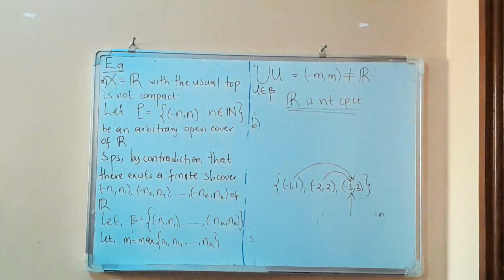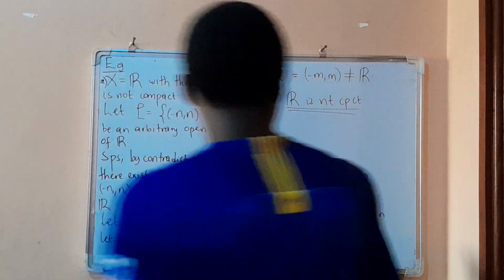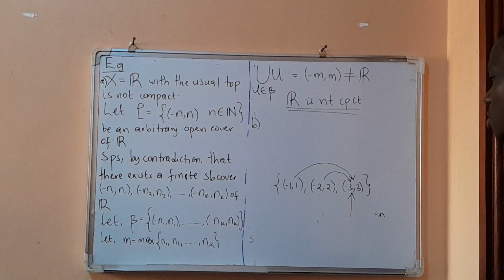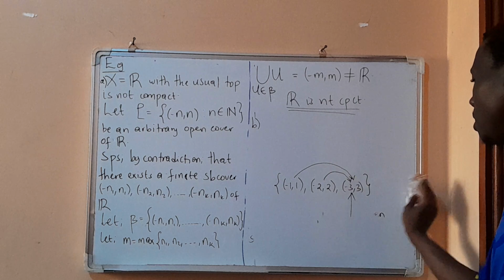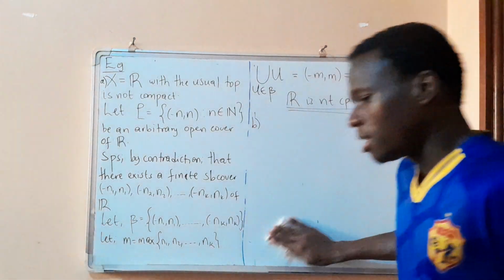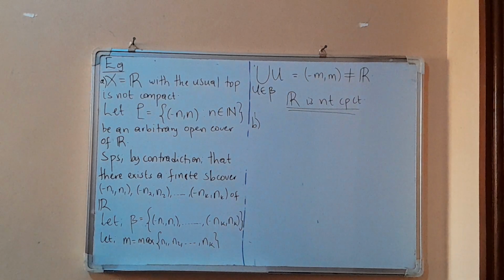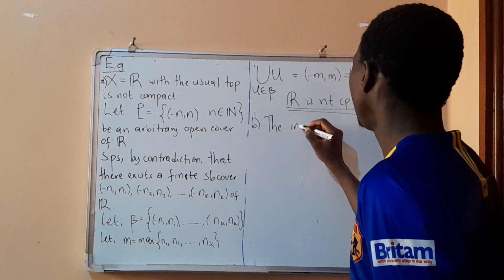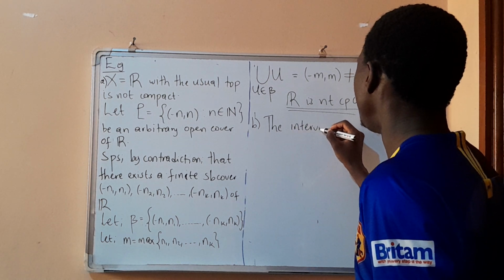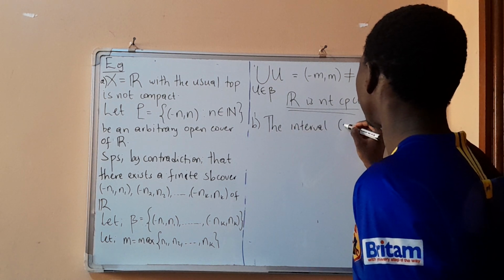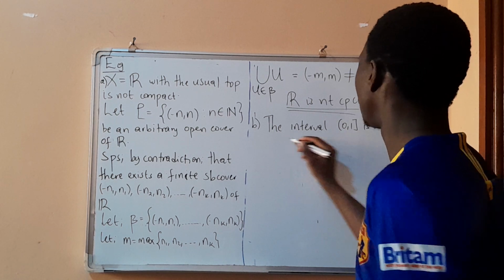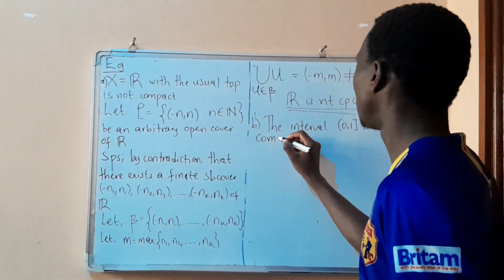We can look at another example. You just look at this collection as something which looks like this. Try to compute the union, you get that. So this is another example of a space which is not compact. So the interval 0, 1 is not compact.